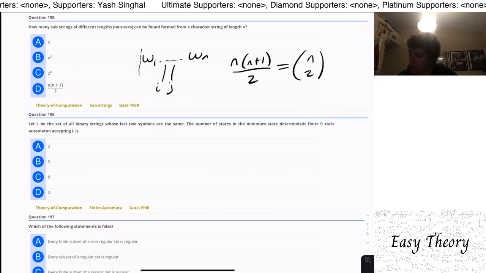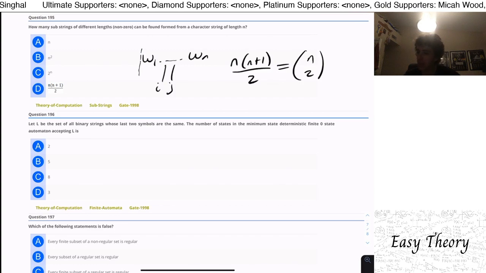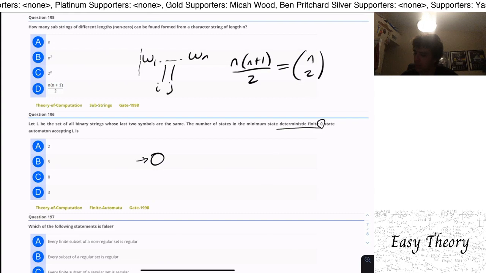Let L be all binary strings where the last 2 symbols are the same. The minimum number of states in a DFA accepting L is what? Deterministic finite state? I'm not sure what that means, but that maybe means NFA.